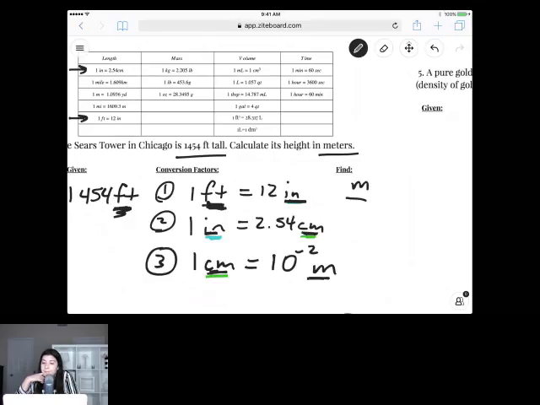No. Okay. After I set this one up, I'll go ahead and show you the other way that you can do this, using feet to yards and then going yards to meters. Okay, let me set this one up and then I'm going to show you a different way.